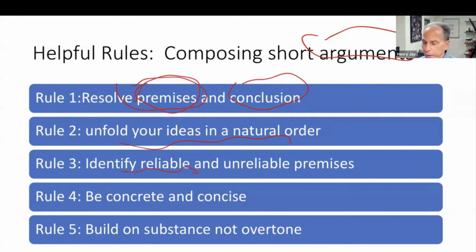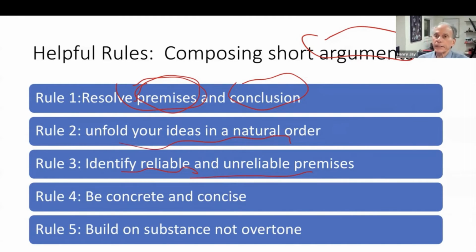Identify reliable and unreliable premises. In your evaluation of an argument, and also when you try to support your arguments, are your premises reliable, or how reliable are the data? Again, I'll go back to my example. Was sample size adequate?